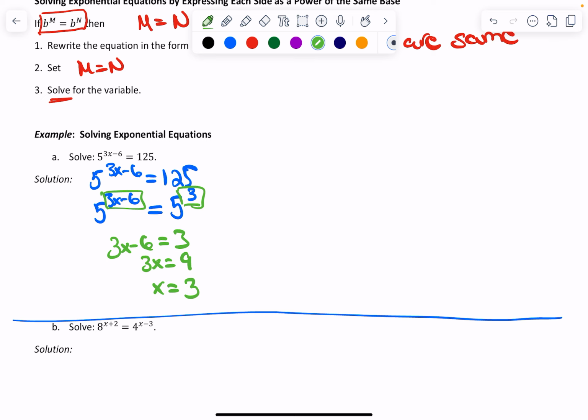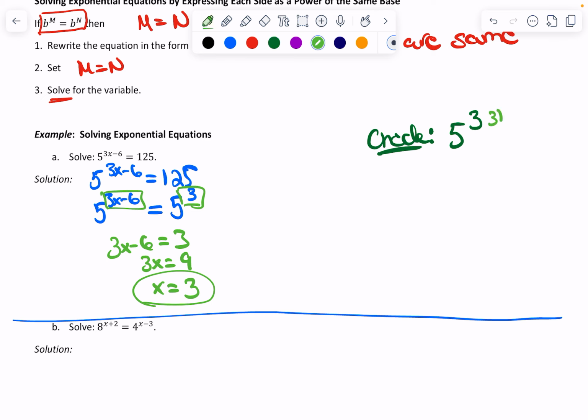Now, before we say that this is the answer, we're going to go ahead and check, and you are checking it in the original equation, not the one where you already have the same bases. So we're going to do 5 to the power of 3 times 3 minus 6.